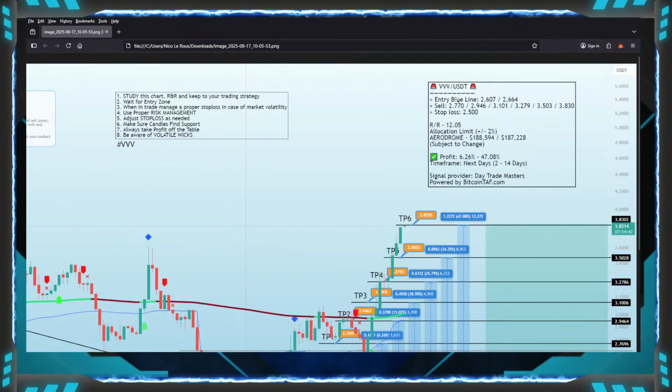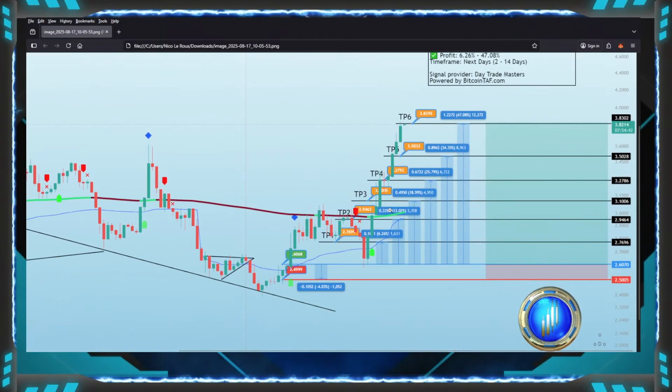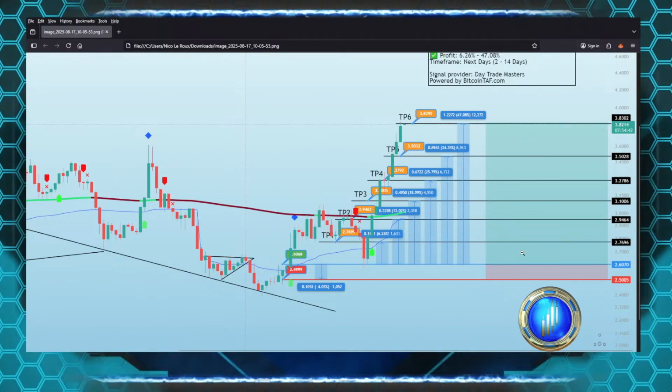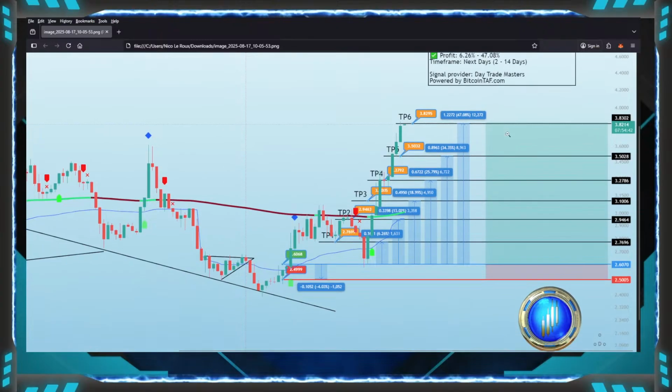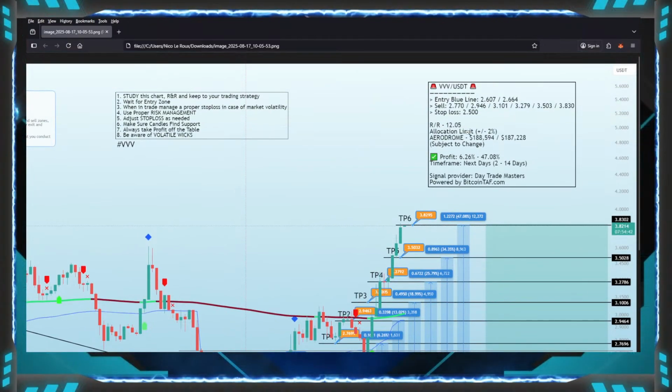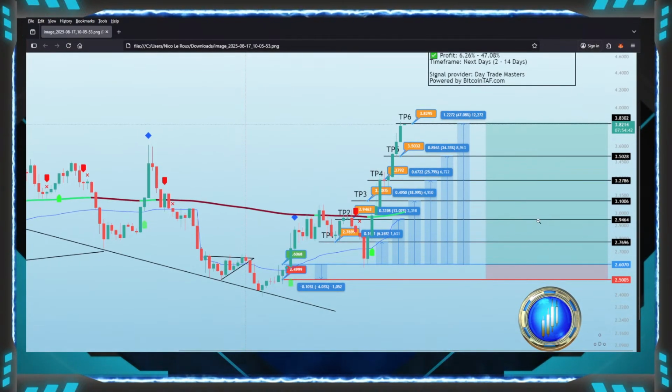You will see there's an entry blue line, which was provided right there, 2.6. And there's also a second one, 2.664. We don't indicate that, but usually that's the entry zone we're looking at. Then we have a stop loss level. This one was at 2.5, which you can see there's the red line, the stop loss level right there.